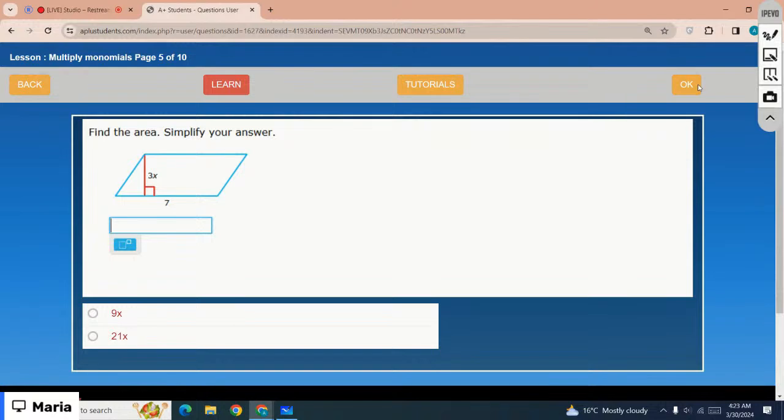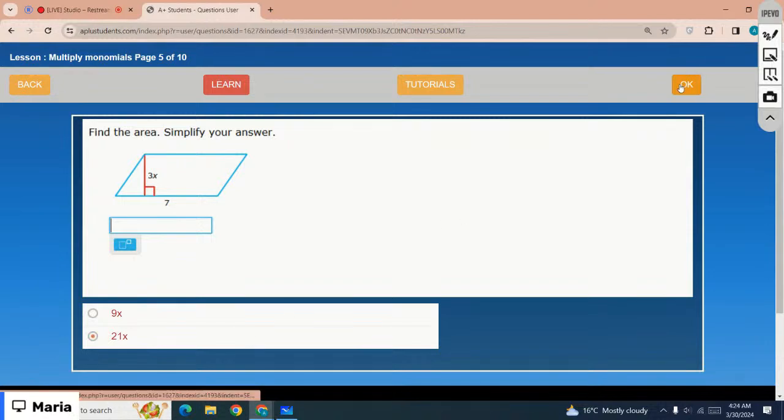Okay, find the area, which is the correct option. The correct option is 21x, right?